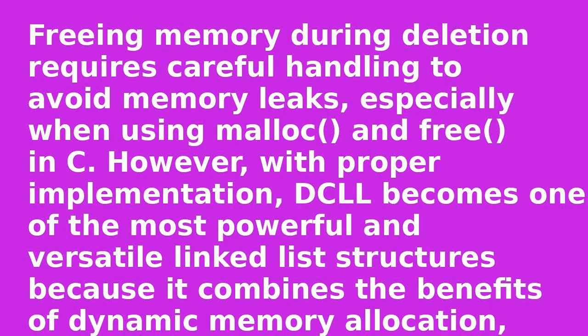Freeing memory during deletion requires careful handling to avoid memory leaks, especially when using malloc and free in C. However, with proper implementation, DCLL becomes one of the most powerful and versatile linked list structures because it combines the benefits of dynamic memory allocation, two-way traversal, and circular looping.